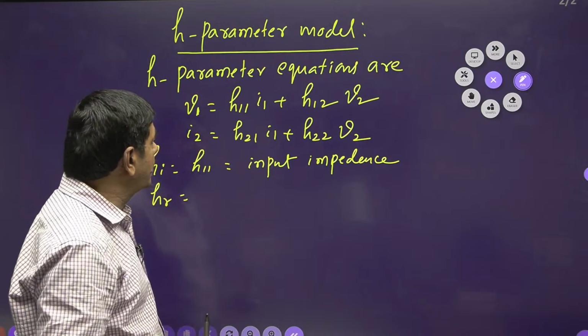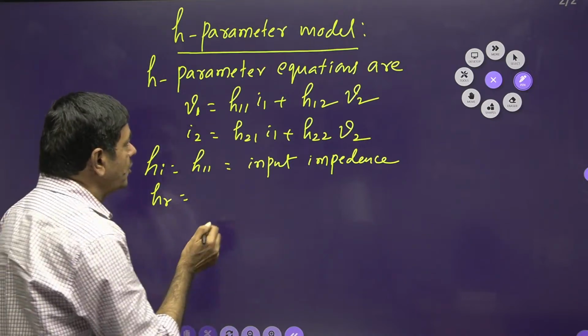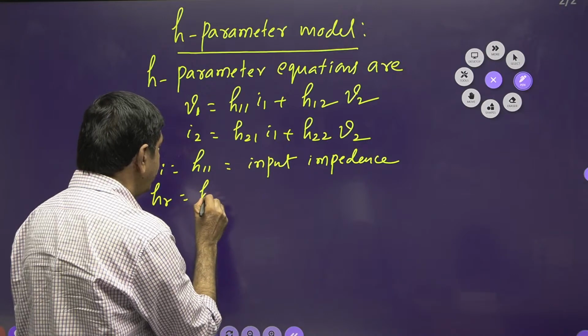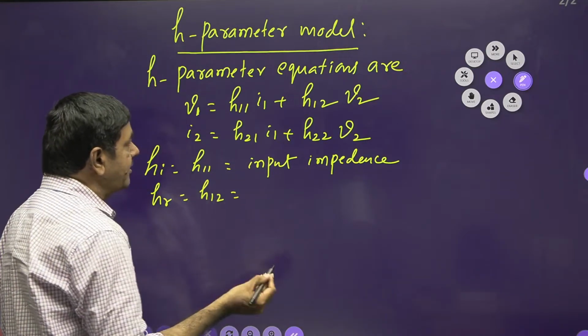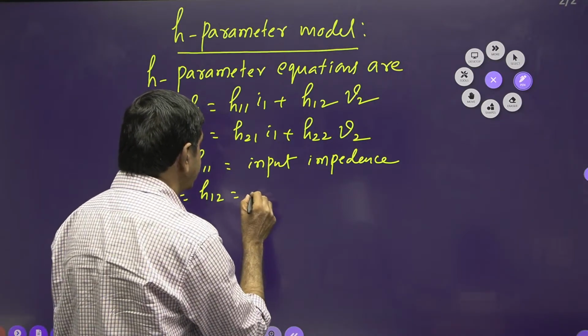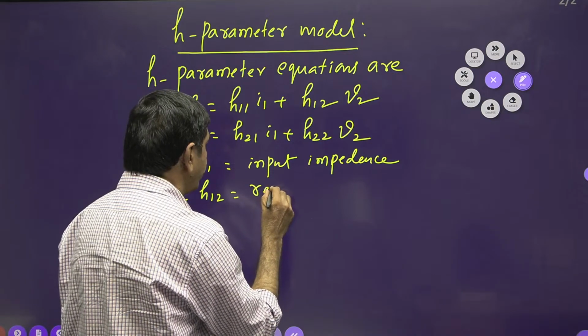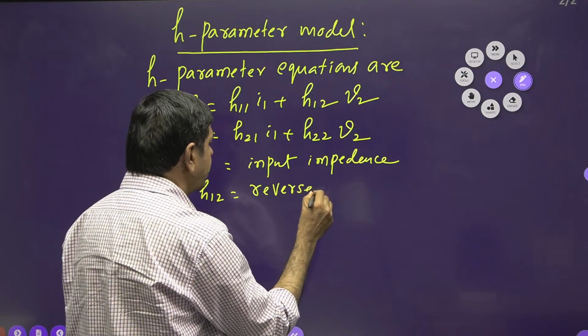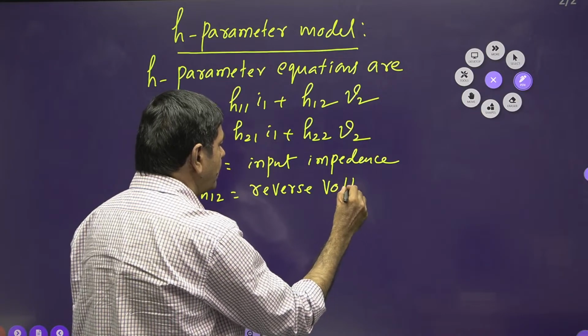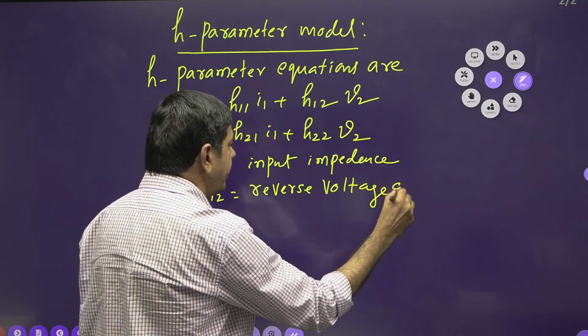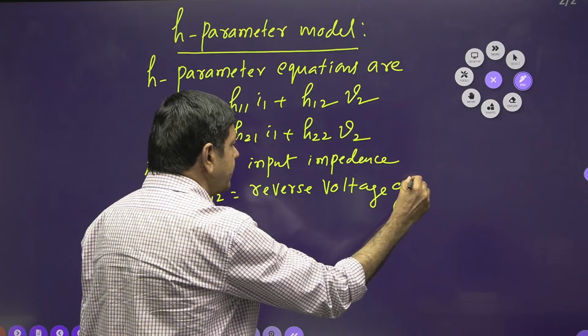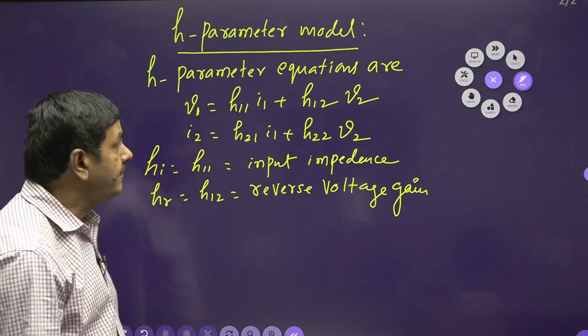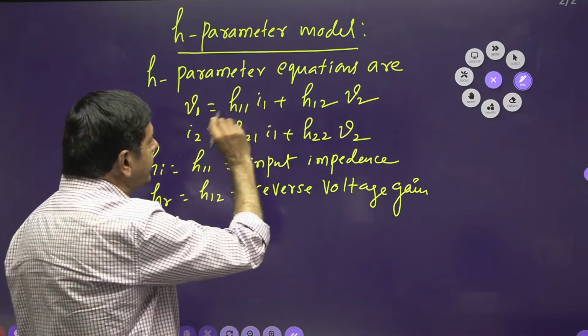That's why H12 is given a name of HR. So we can write HR equal to H12. That's given the name reverse voltage gain. When I1 is 0, I will get reverse voltage gain.